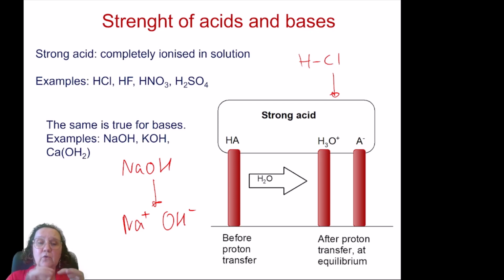There will be no compound NaOH at all in solution. There will be no compound HCl at all in the solution. There will be hydrogen ions, chloride anions, or hydroxide anions, sodium ions. We call that being completely ionized.